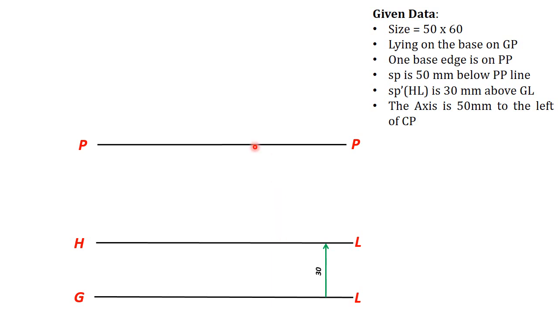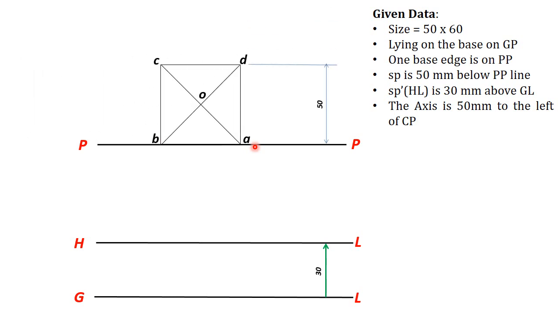Now draw the top view of the pyramid first. The size of the base edge is 50 mm and it is resting on its base on HP with one base edge on PP. So draw one base edge on PP, that is AB, and then complete the base of the pyramid.